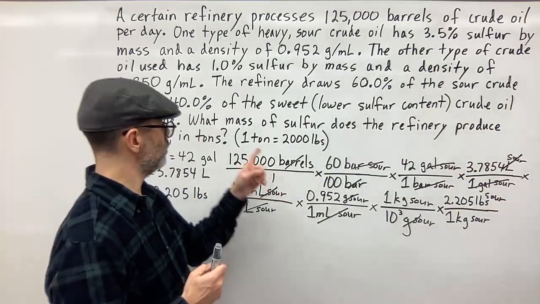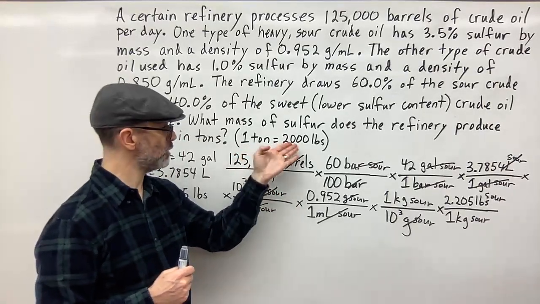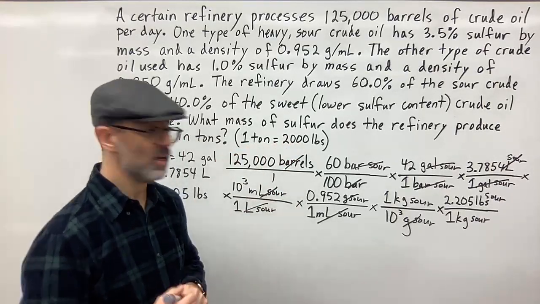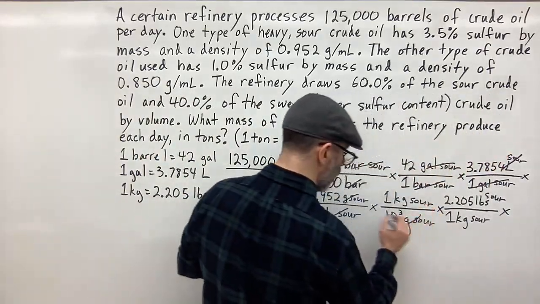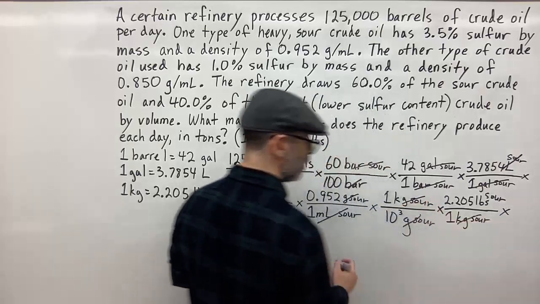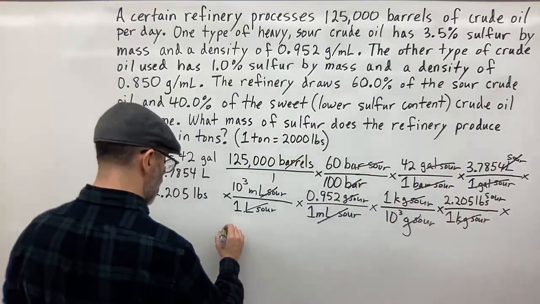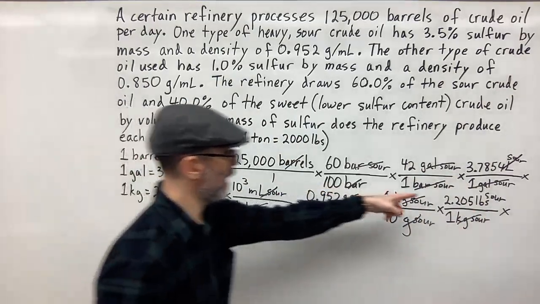Now we have pounds. We can convert pounds to tons by using 2,000 pounds is equal to 1 ton. And then we're done. Again, I forgot to cancel out grams. Grams here, or kilograms, cancels out kilograms. We've got pounds. Now we're going to continue to the last step. We got pounds on top.